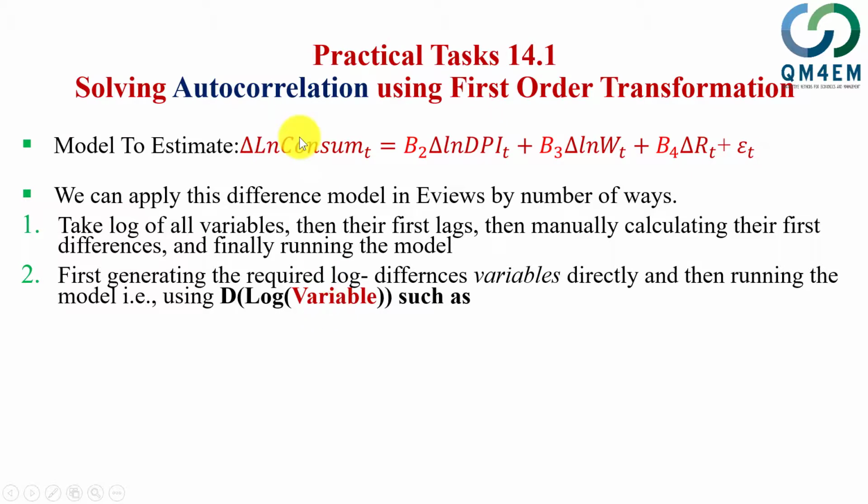For example, if I write log of consumption, it will give me log of consumption. Similarly, if I generate a variable log of DPI, it will give me the log of DPI. That's straightforward. Then if I take the differences with that as well, it will automatically take the first difference, giving me log of consumption t minus log of consumption t minus 1.